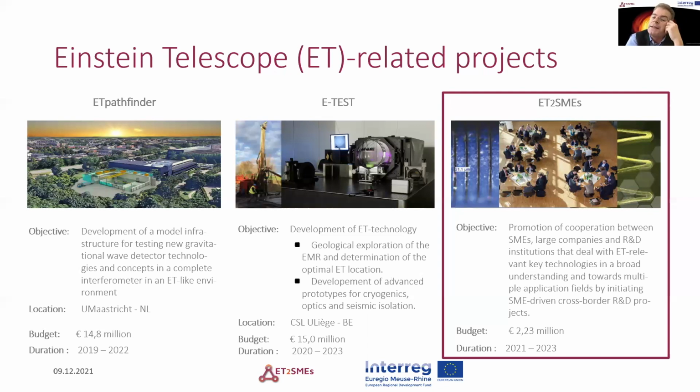We are running since March of this year, and our project is especially about the promotion of the cooperation between SMEs, large companies, and also R&D institutions that all deal with Einstein telescope technologies, but in a broader sense. Our project is running until 2023, and looking at the partnerships that are behind these projects, please the next slide.